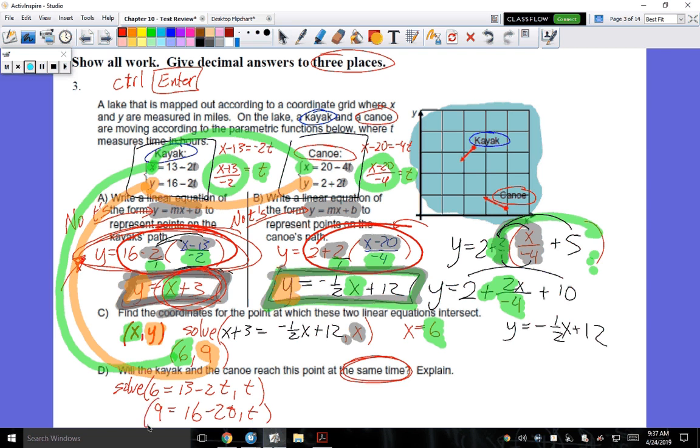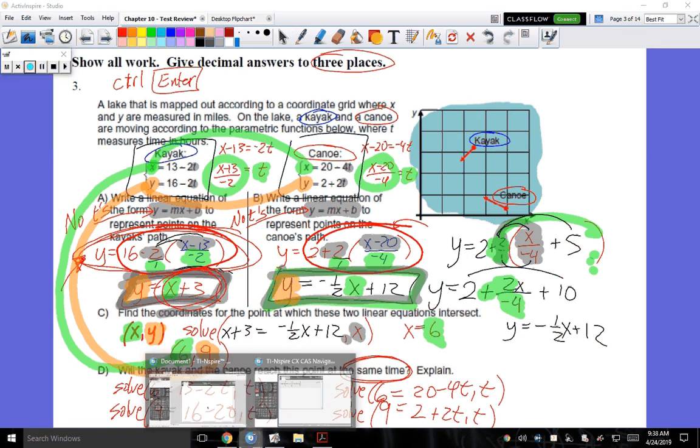We want to see are these the same. Then we do the same over here: x is equal to 6, so 6 equals 20 minus 4t, comma t. Again, these are solve features with the calculator, the way we did with the other one. And y is equal to 9, so 9 is equal to 2 plus 2t, comma t. Let's punch these into the calculator and see what we get.